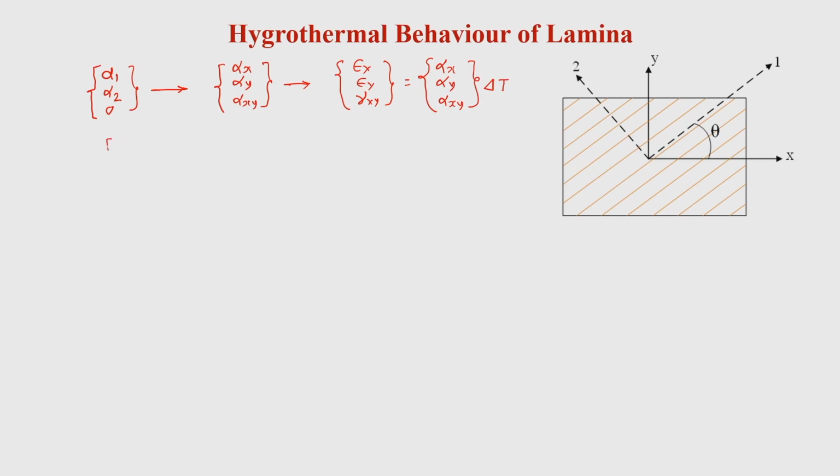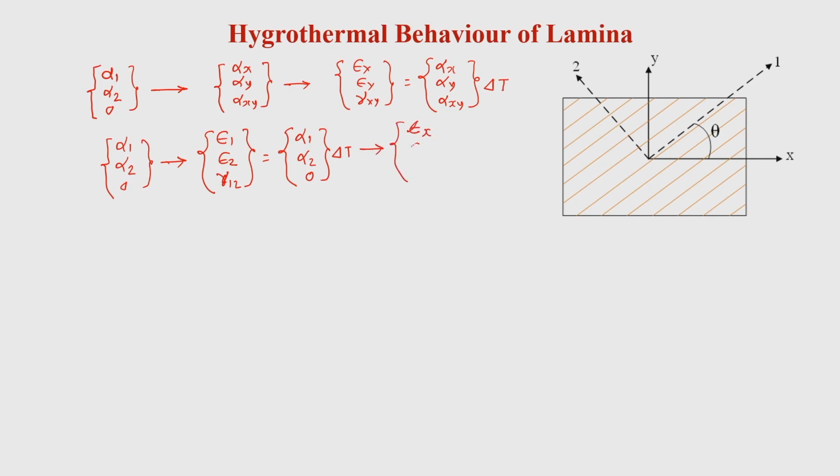Or, given alpha 1, alpha 2, we can find epsilon 1, epsilon 2 as alpha 1, alpha 2 into delta t, and from there find epsilon x, epsilon y, gamma x y using the transformation of epsilon 1, epsilon 2.